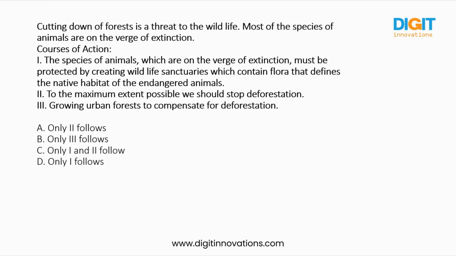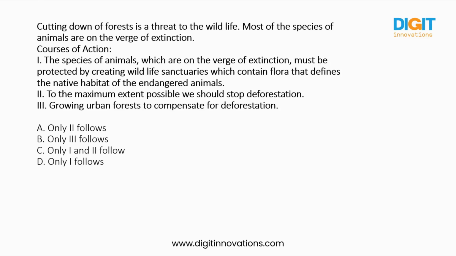Courses of action. The first one: the species of animals which are on the verge of extinction must be protected by creating wildlife sanctuaries which contain flora that defines the native habitat of endangered animals.